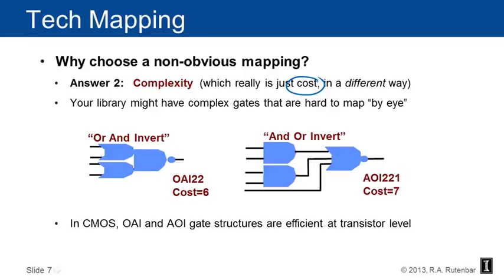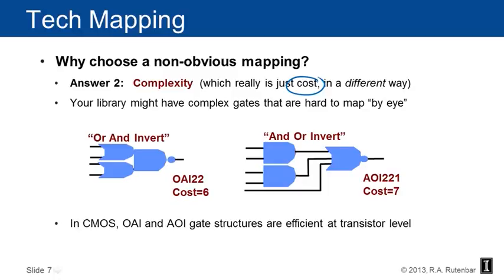And next to that on the right is an AND/OR invert structure, a different one, an AOI 221. Again, an input bank of AND gates, and then an OR gate, and then an invert, a bubble. And in this case, how many AND gates are there? Well, there's kind of 3. The first one has 2 inputs, the second one has 2 inputs, and the third one has 1 input.